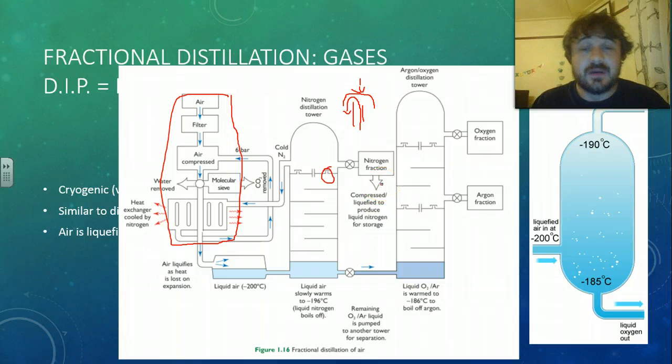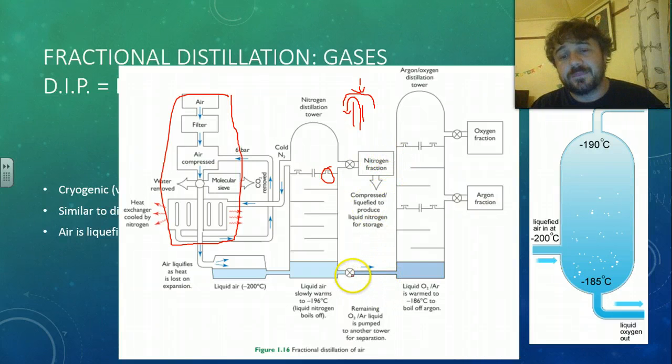Now it can be compressed again and liquefied and used to cool down here if you want, or used to cool down this section here, or it can be used for liquid nitrogen for storage of whatever you want. But basically that's where we get liquid nitrogen that we use down the ag plot or anywhere else.